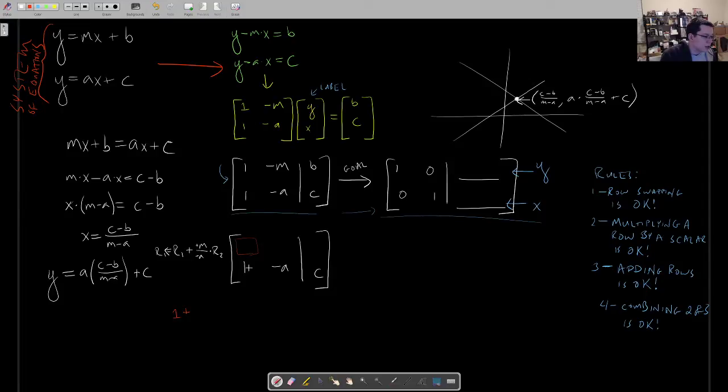And then it's going to be m over a times 1, because we're going to take this value, plug it in there, and then this whole thing applies to get this element. So that gives us 1 plus m over a for just that first element. Now we do this one.